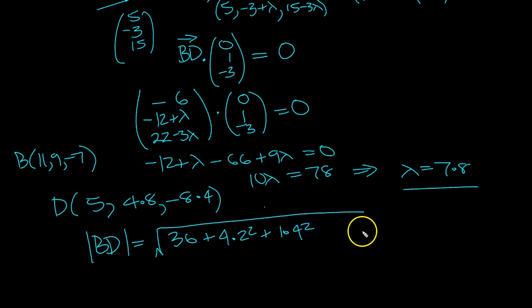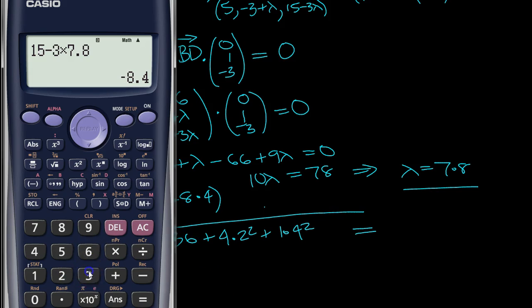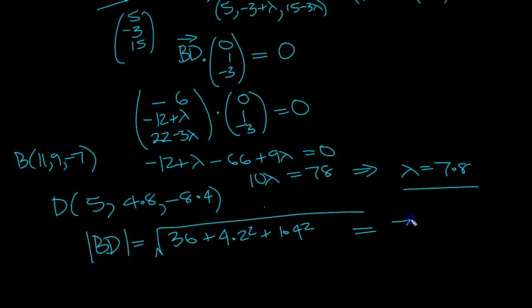Difference squared. So let's just tap that in then: 36 plus 4.2 squared plus 1.4 squared equals that decimal. That's the answer. So now we just do square root of the answer: 7.46 to 3 significant figures.